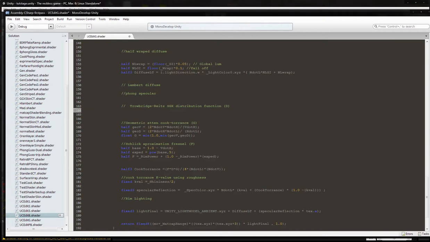So we're going to do half is equal to roughness squared. We'll just call it rough squared.